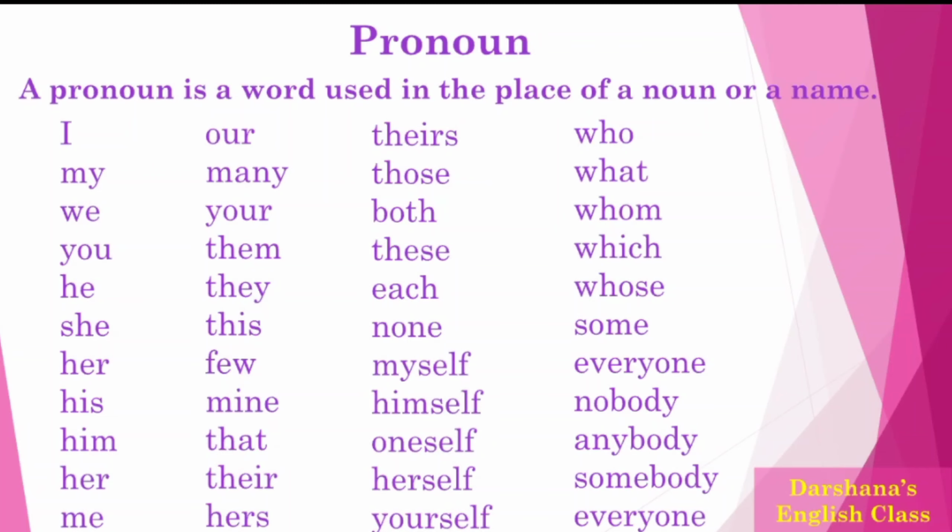I, me, we, you, he, she, her, his, him, her, me. Okay. The next, there are many. If I go and read out each and every pronoun for you, it's going to be a time-taking job, which can be a little boring for you, okay? So you can make sure to note it down. It will help you definitely when you have to use your writing skills, okay?